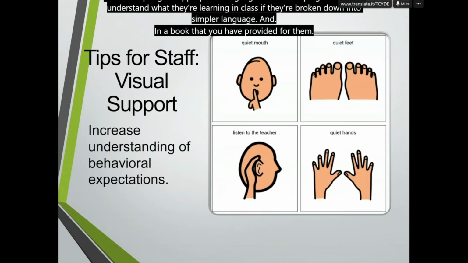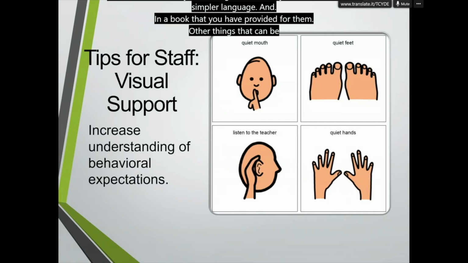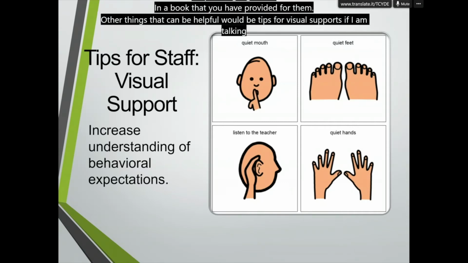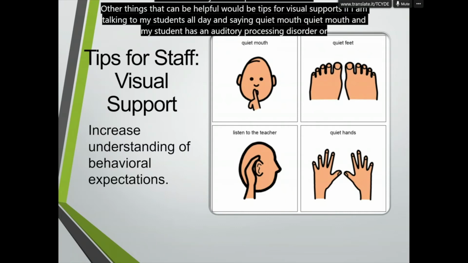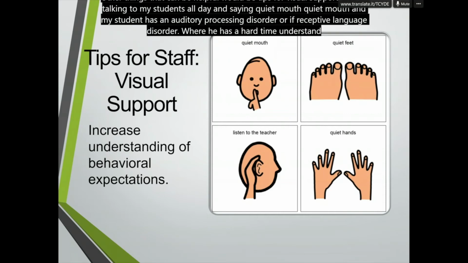Other things that can be helpful would be tips for visual supports. If I am talking to my students all day and saying, quiet mouth, quiet mouth, quiet mouth, and my student has an auditory processing disorder or a receptive language disorder where he has a hard time understanding, he's wasting a lot of brain power listening to me say quiet mouth.